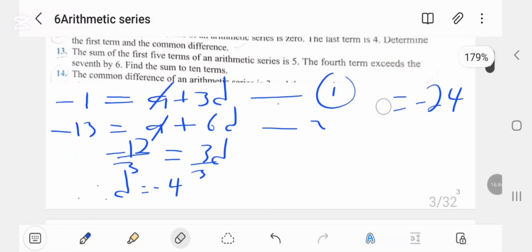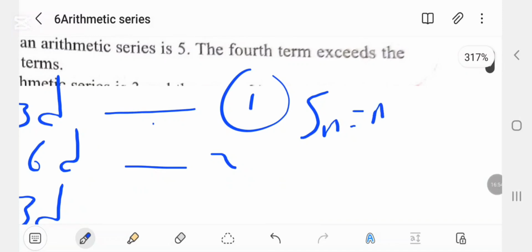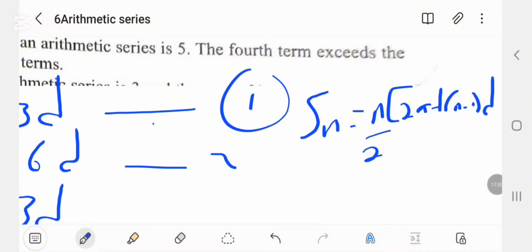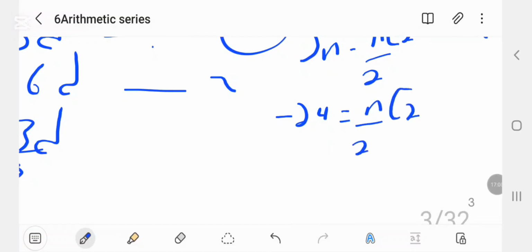Now, the formula Sn is equal to n over 2, 2A plus n minus 1 D. Now we have Sn, which is minus 24. We don't have N. We have D, but what's A?